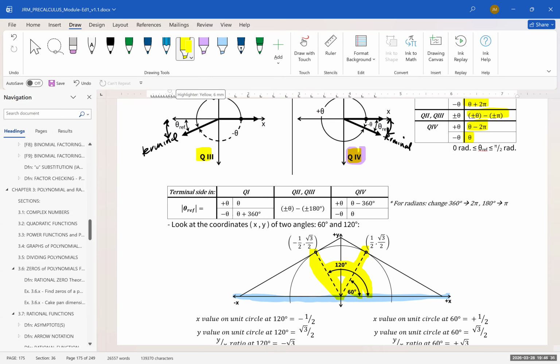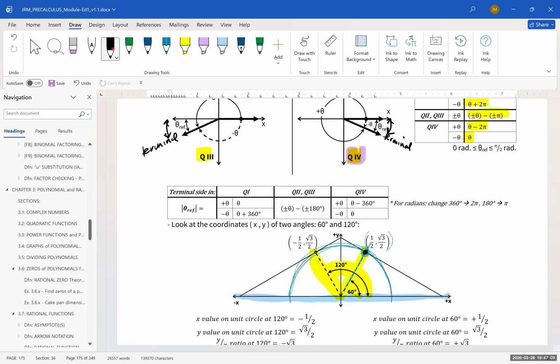Now, what you'll notice about these two angles, what's a little different than what you've seen before, is that now we're intersecting the terminal side with the circumference of a circle. Where the terminal side intersects that circumference, these are the x and y coordinates at that point.